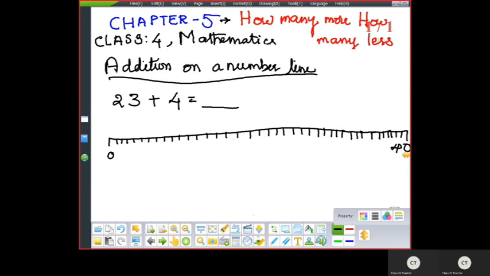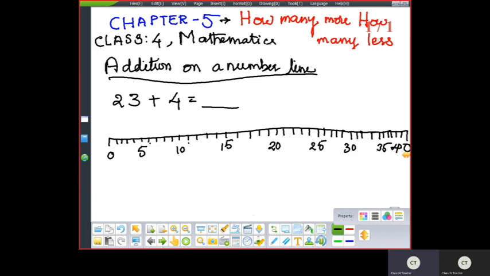So if you want, you can write like this, or else you can write randomly in between the numbers. Okay, 20, 25, 30, 35. Okay, so I have drawn the number line till 40.